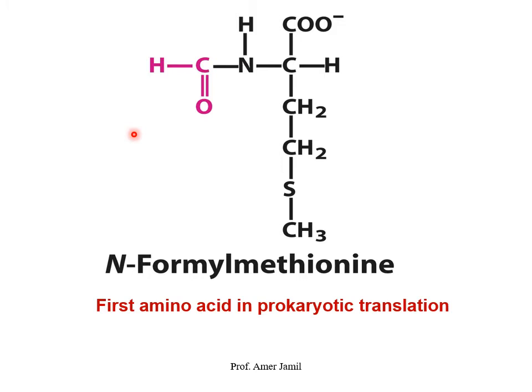But there is one difference: in prokaryotic translation it is N-formyl methionine that initiates the translation, whereas in eukaryotes it is methionine. So this is the formyl group present at the N position of this methionine.